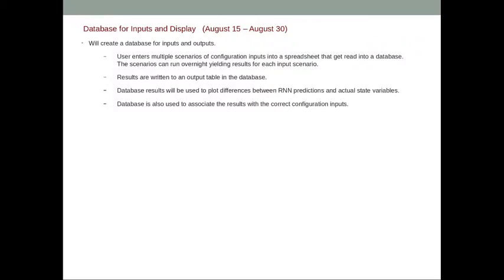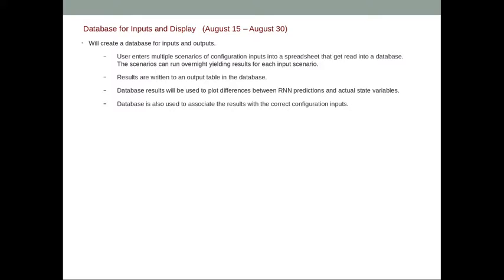And then we would like to be able to review those training sets the next day. So the database would be a place where I could store a series of input parameters, and the program could go and call those input parameters from the database. Then once it's performed its training, it could go ahead and set the results back into the database.